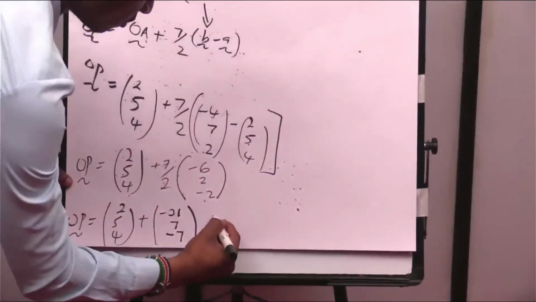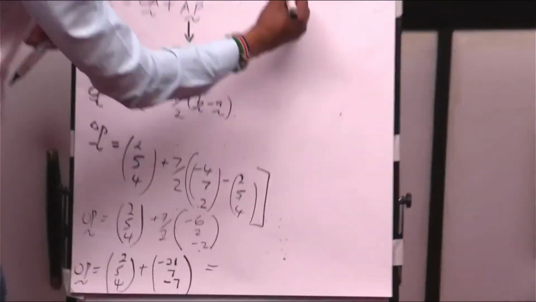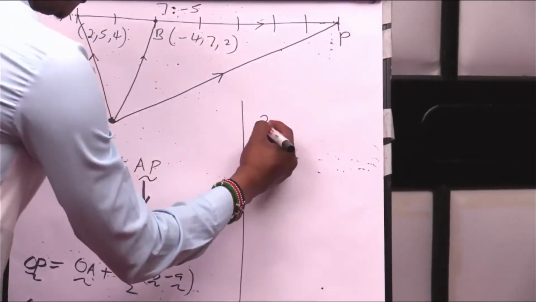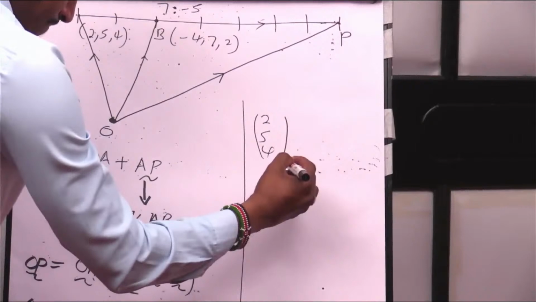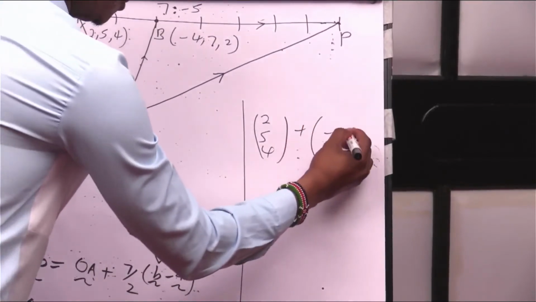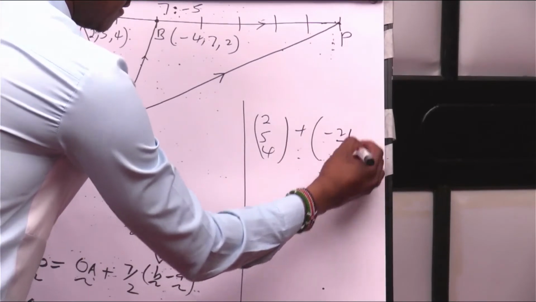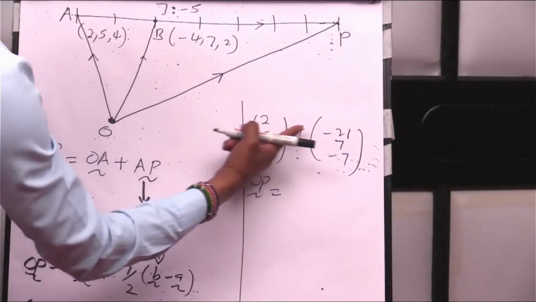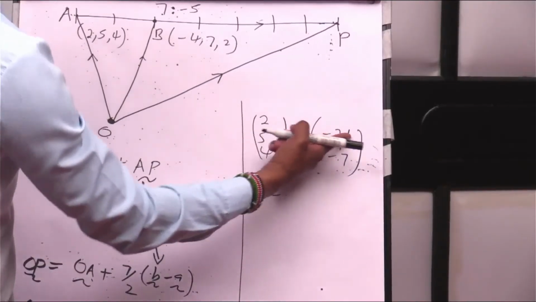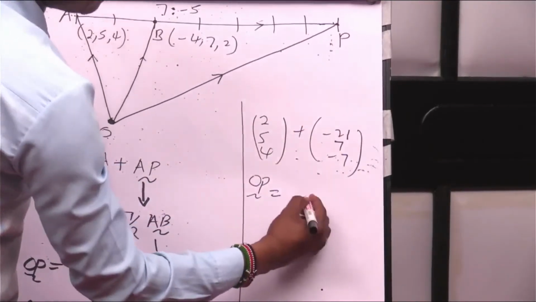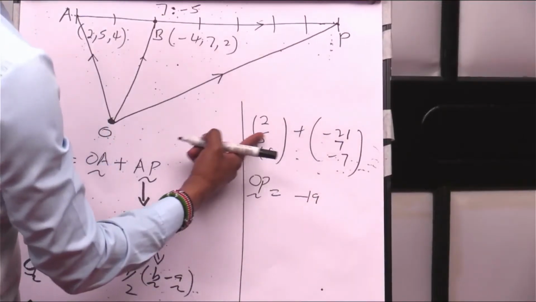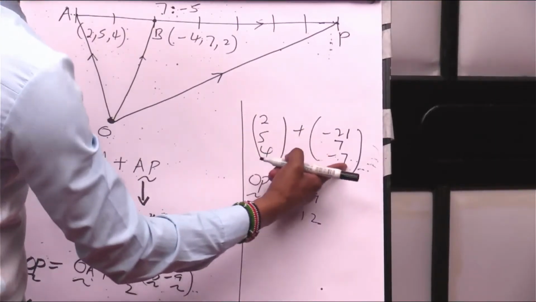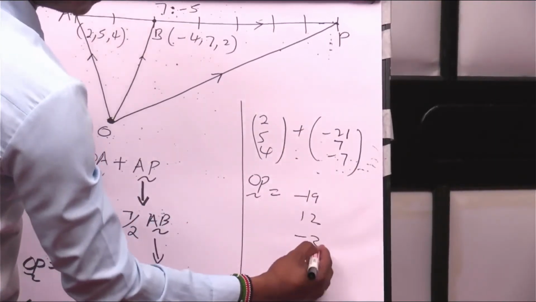Then let us open up this. We have 2, 5, 4 plus minus 21, 7, minus 7. So OP equals 2 plus minus 21, which is the same as 2 minus 21, which is minus 19. 5 plus 7 is 12. 4 plus minus 7 is 4 minus 7, which is minus 3.